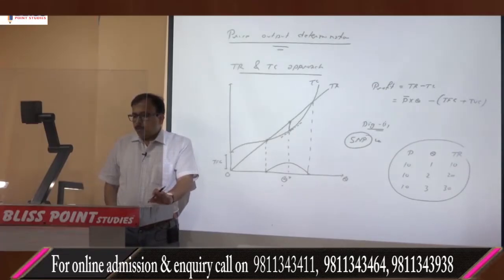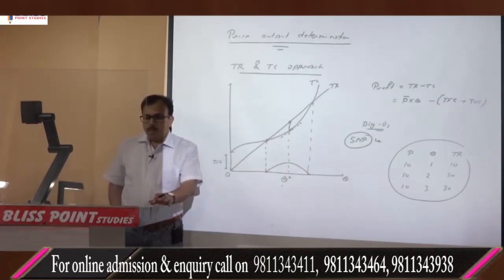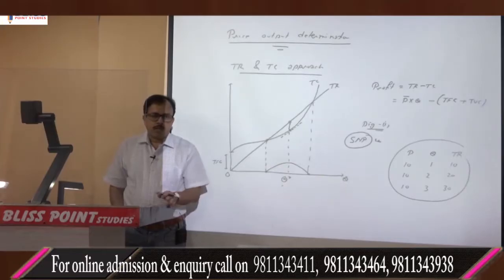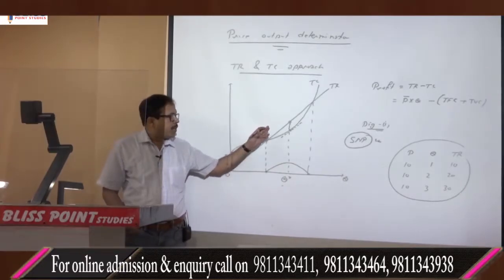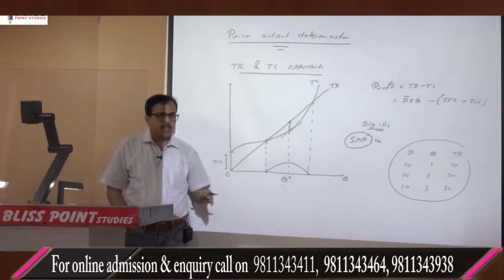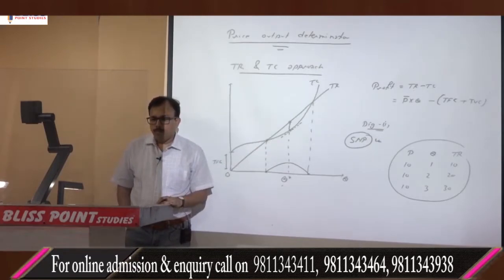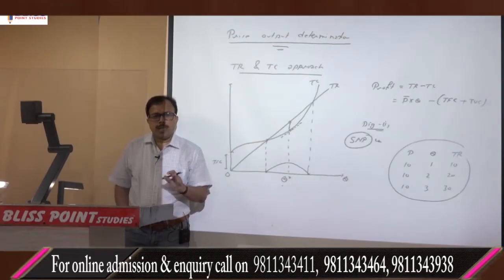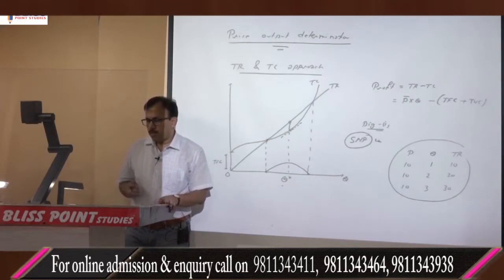The slope of total revenue is marginal revenue and it is constant, and it is equal to the existing price.